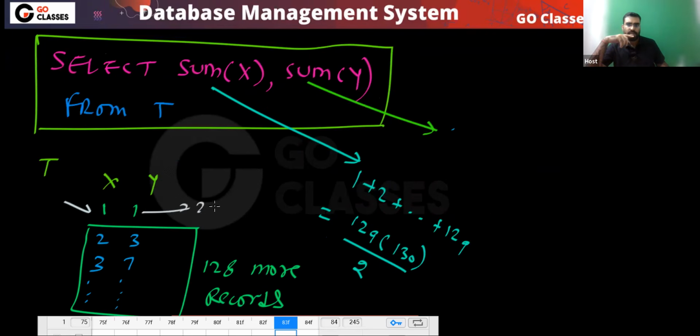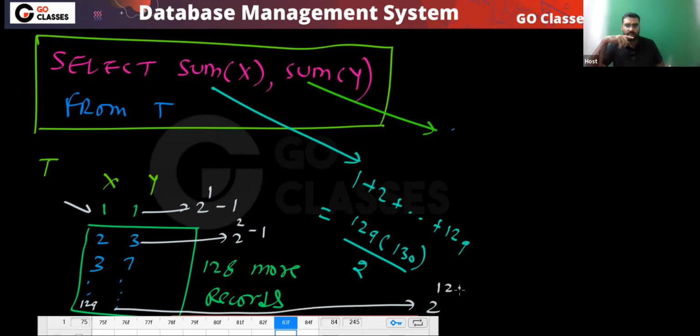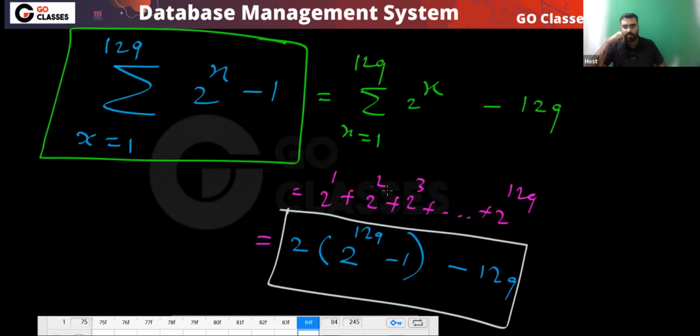Like this is your 2 power 1 minus 1. This is 2 power 2 minus 1. So finally you will have 129, so that value will be 2 power 129 minus 1. So if you do the summation, that will be 2 power 1 plus 2 power 2 up to 2 power 129, minus 129. So this will be your answer. Is this clear?